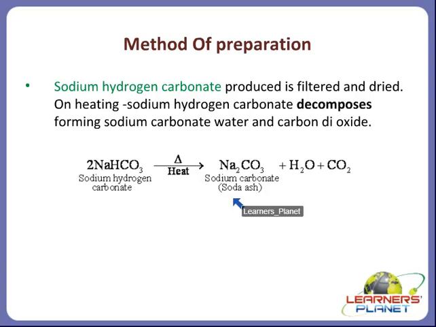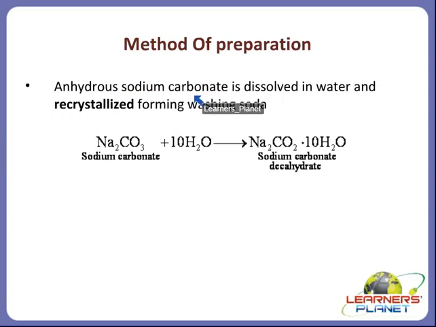Now what will we do to prepare washing soda? This anhydrous sodium carbonate is dissolved in water and recrystallized, forming washing soda. That is, this anhydrous sodium carbonate is dissolved in water and it undergoes recrystallization to form sodium carbonate with 10H2O.